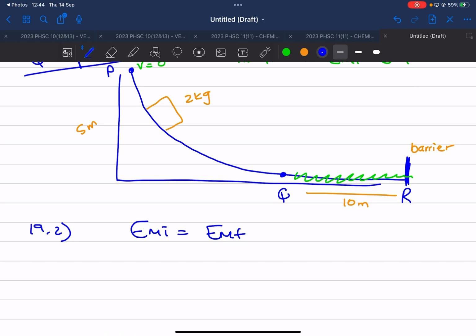Okay, kyk gou vir my op bladsy 109 asseblief. In the middle of page 109, there is the work, energy, power formulas. Do you see this formula there? No. Any conservation formula will not be on your data sheet.